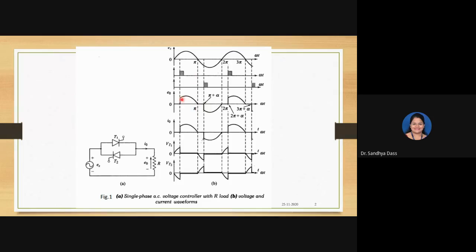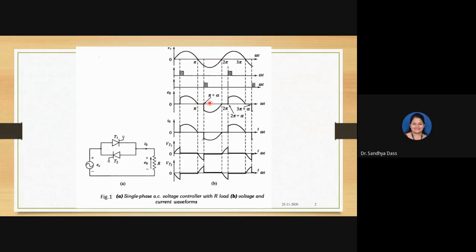Like you can control the magnitude of the AC signal, or you can also control the average output of the AC signal, right? So we saw in the resistive load, this is how the output would look. Obviously, I assume that you have gone through the session and you understand why these breaks are, right?